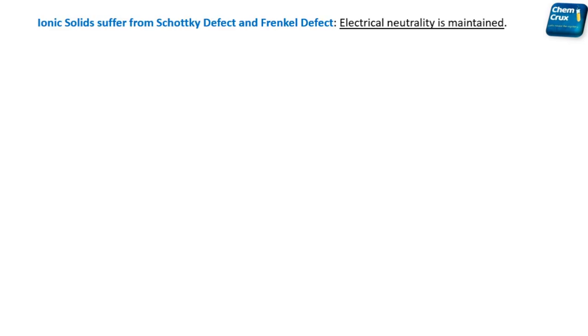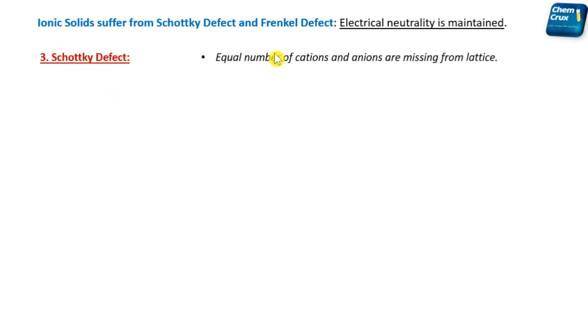For ionic solids, they suffer from Schottky defect and Frenkel defect. And in both Schottky and Frenkel defect, the electrical neutrality will be maintained. The third type of stoichiometric defect, which is shown by ionic solids, is Schottky defect. In Schottky defect, an equal number of cations and anions will be missing from lattice sites.